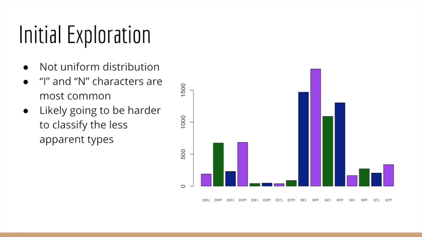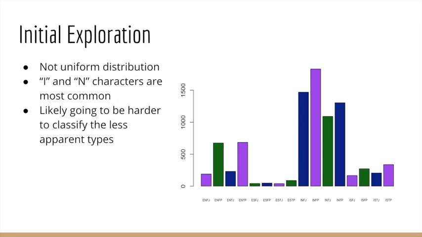So, the initial exploration with this data. Initially all I had were the type and the posts, so there was not much I could see from there, but I decided to make a bar graph of the frequency of all the types. If you look at the graph, it's definitely not a uniform distribution, with a lot more introvert personality types than extrovert.